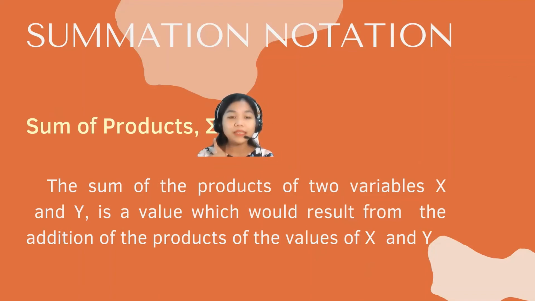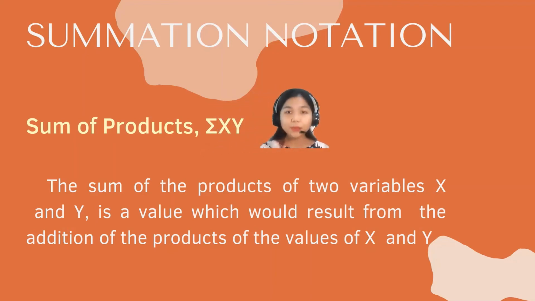So we only have one sigma sign because this tells us that the sum of the products of two variables x and y is actually a value which results from the addition of the products of the values x and y. So if we have x and y variable, x1 and y1, we multiply them, x2 and y2, we multiply them. After getting the two products, we then add. That's why it's called sum of products.